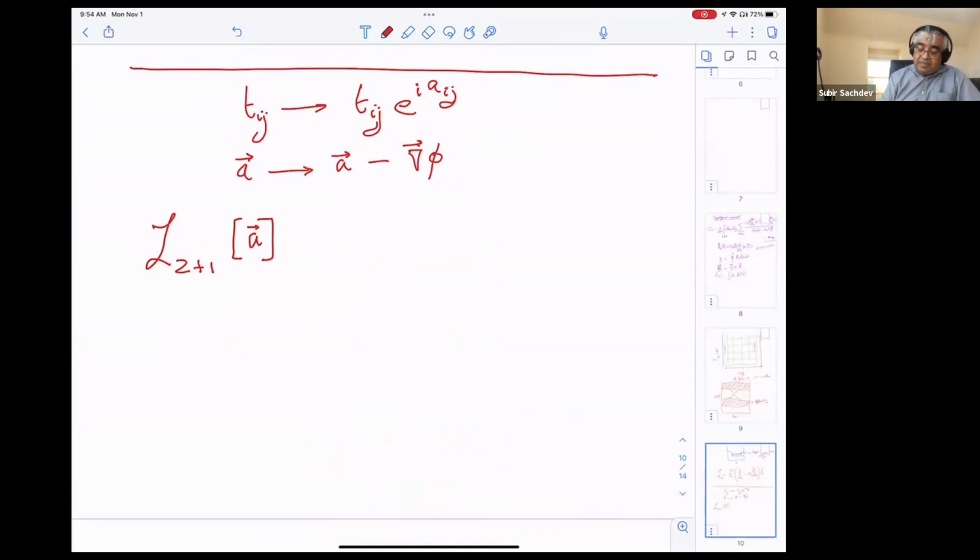All right, so what do I have to do now? We're going to just expand this in powers of k. So I have a shift in A here, and a shift in the hopping matrix elements because of A_ij, and I'm going to take some long wavelength limit. So in fact, I'm interested in the case where A is very slowly varying in both space and time. Now, what happens now? So what this A, as you can see from this expression, changes the hopping matrix elements.